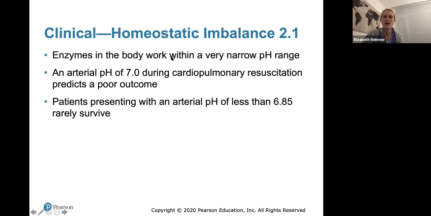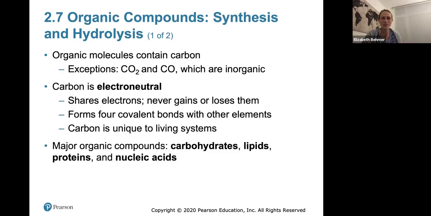If your arterial blood pH is slightly lower than it should be, such as 7, that could result in a poor outcome. If your blood pH ever gets to be less than 6.85, patients could rarely survive. Your body has mechanisms to try to control the pH levels of the blood, which we'll get to.